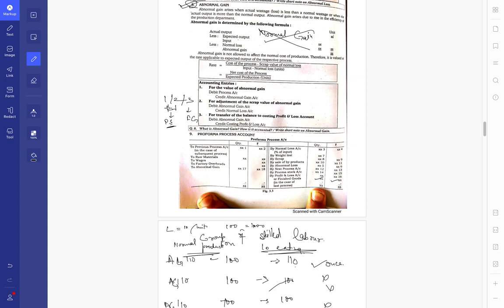Process stock account for process 1, process stock account for process 2. These will go out separately. At what rates and what quantity? The balancing quantity which is there, at the calculated rate. When you multiply it, you will have the amount in the amount column. I hope you understood this.